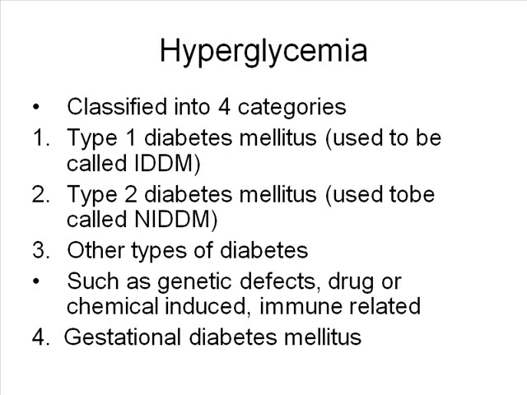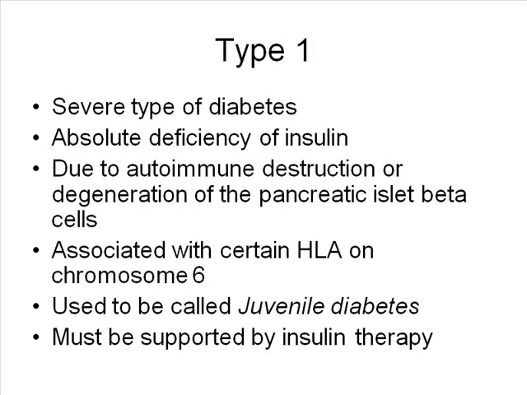Type 2 is where your cells become resistant. For whatever reason, either you've gained weight, diet, sedentary lifestyle, whatever it is, genetics play a role in that. Your cells become more resistant. Now, there are other types such as gestational and genetic types of defects, but 1 and 2 and usually gestational are the 3 most common types.